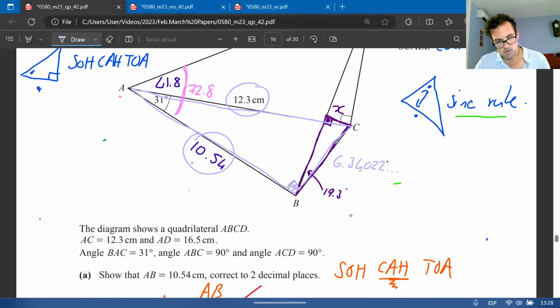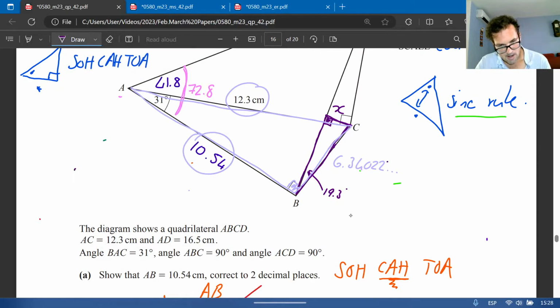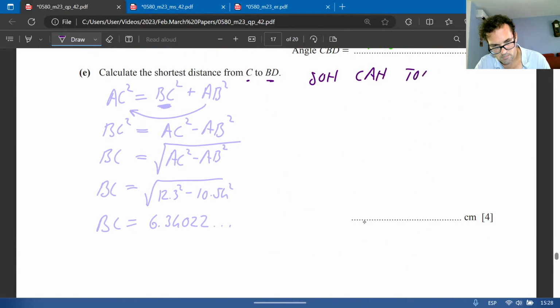Again, we got a right angle triangle. Let's go back here. The one we just worked out is the hypotenuse. And we got this angle here. This would be the adjacent, which we are not using at this stage. And x, the one I want to know, is the opposite. So it's H and O. Using SOH CAH TOA, we're using hypotenuse and opposite, so it's going to be sin.